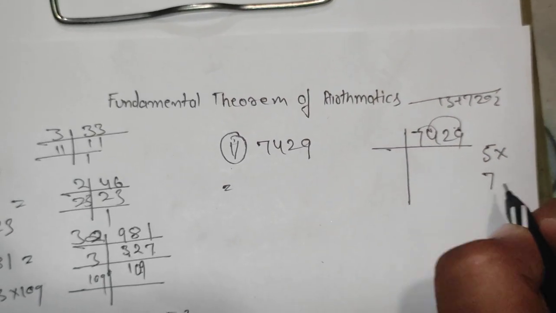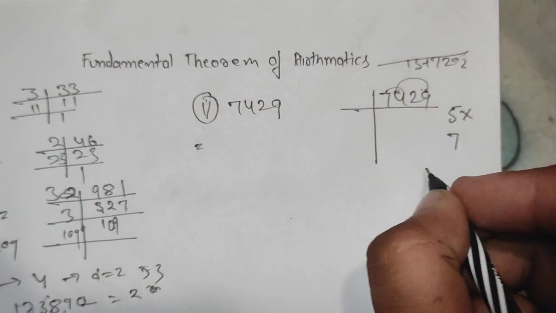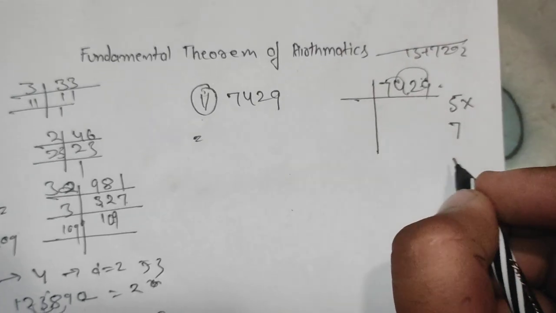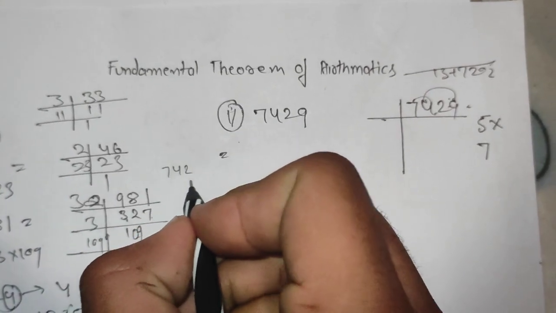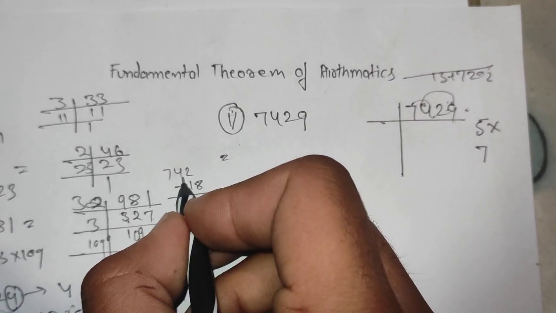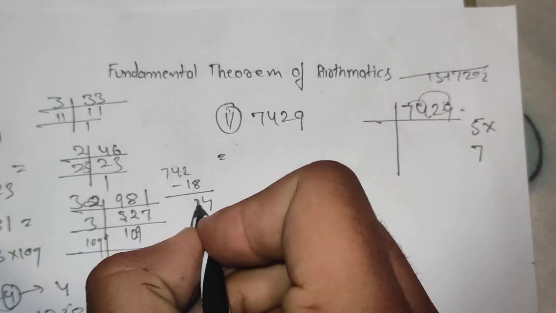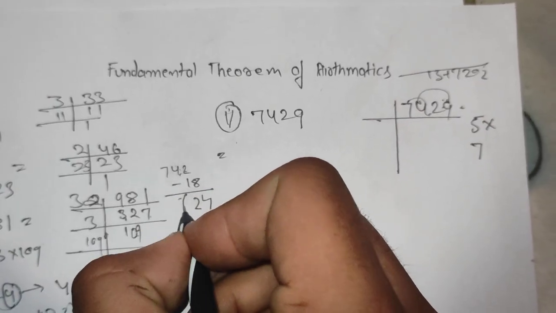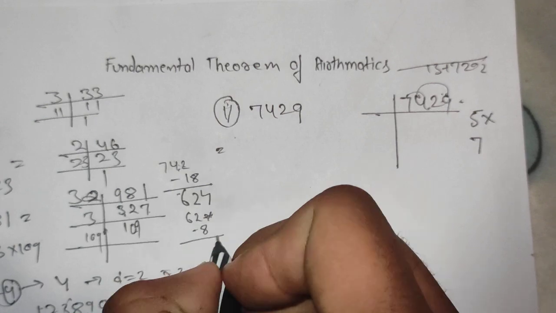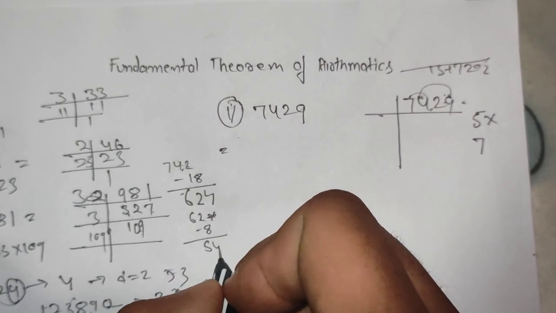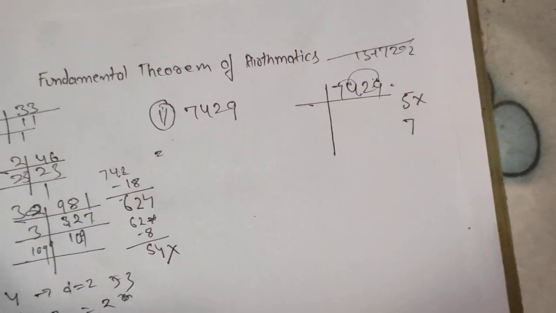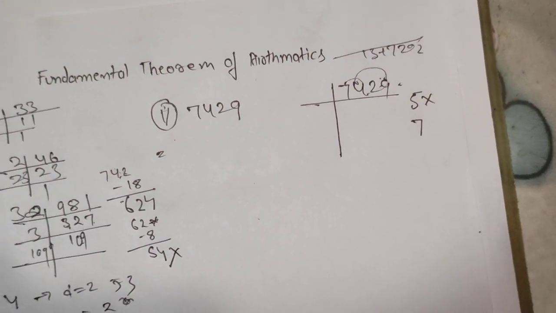For 7, let's check: 7 9 2 remaining 18, so 742 minus 18 becomes 724, and 62 minus 8 is 54, not divisible by 7. Then for 9, no, because not all are prime numbers.